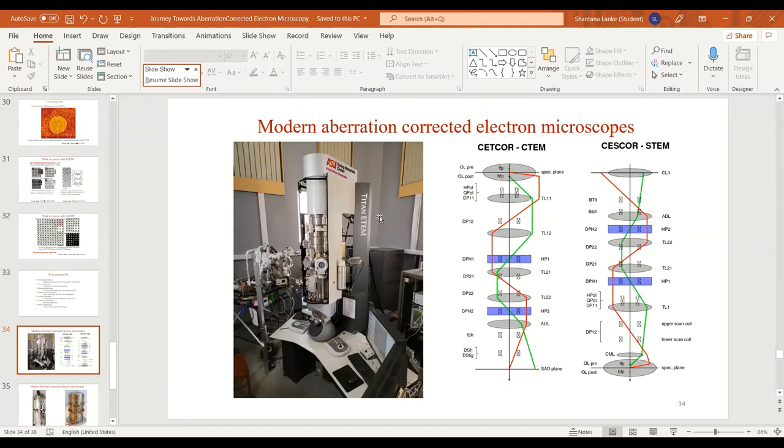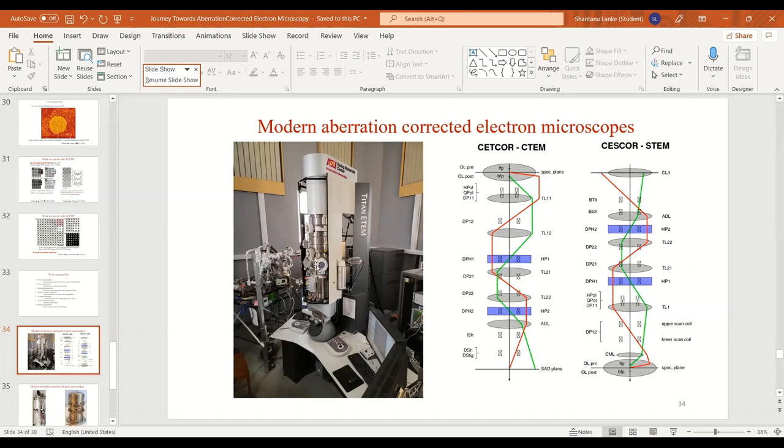So your sample is just in between them. If you're operating in CTEM mode, then you're interested in the post field, because it's the image forming lens. It forms the image at the image plane. So you have to correct the spherical aberrations of this post field lens.